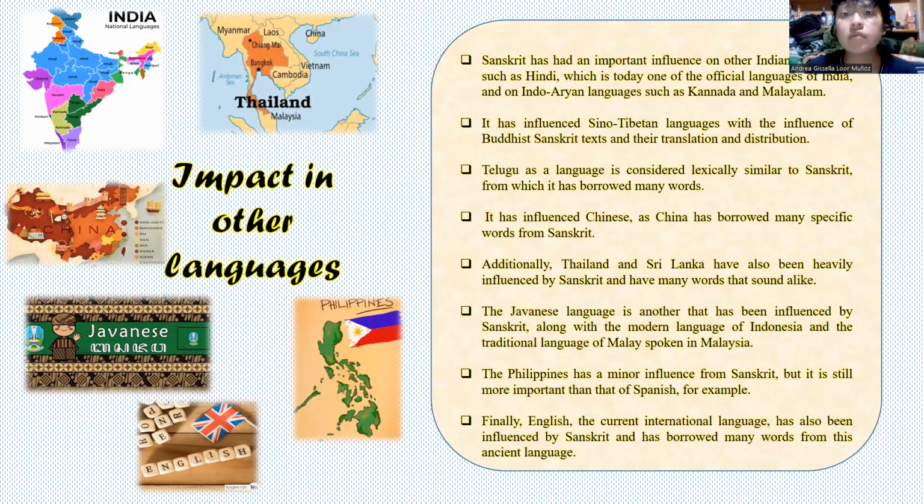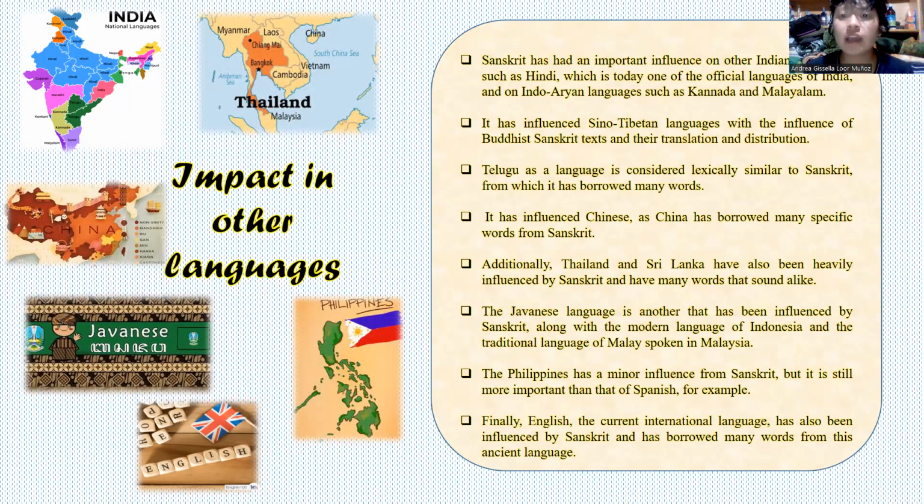Second, it has influenced Sino-Tibetan languages with the influence of Buddhist Sanskrit texts in their translation and distribution. Telugu as a language is considered lexically similar to Sanskrit, from which it has borrowed many words. Also, it has influenced Chinese, as China has borrowed many specific words from Sanskrit.